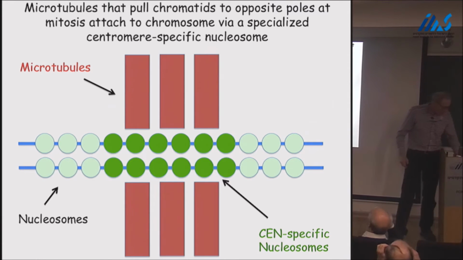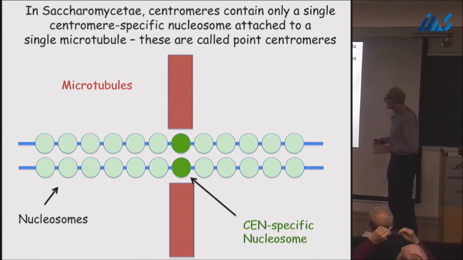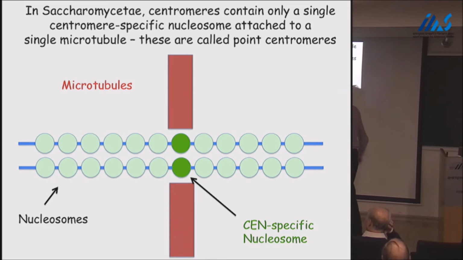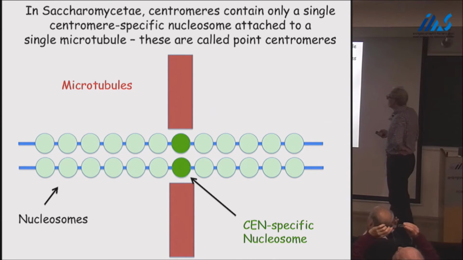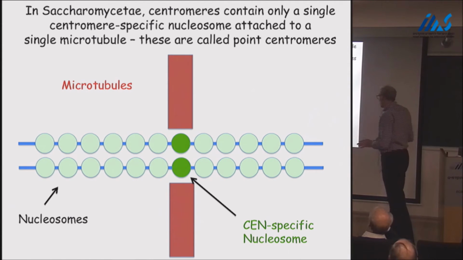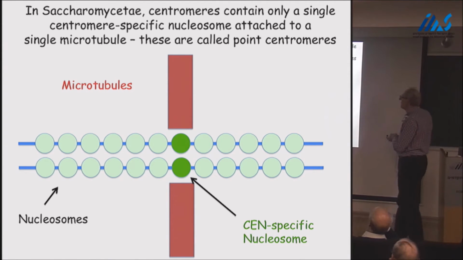But about 50 million years ago, in a narrow lineage that led to the budding yeast Saccharomyces cerevisiae, and most of what is good about making wine and bread and whatever it is, something dramatic happened, and you got rid of all of those CENP-A nucleosomes except for one, and only a single microtubule attaches.